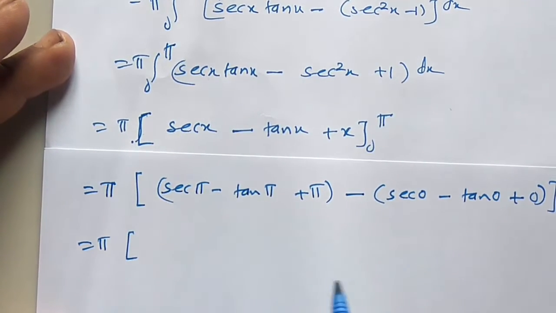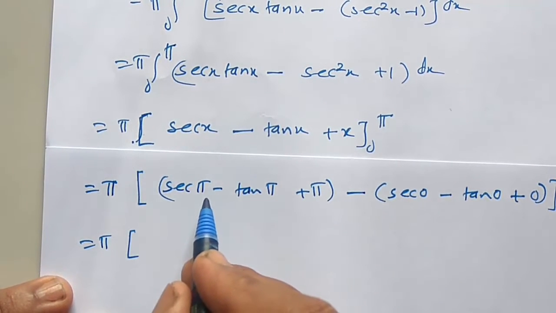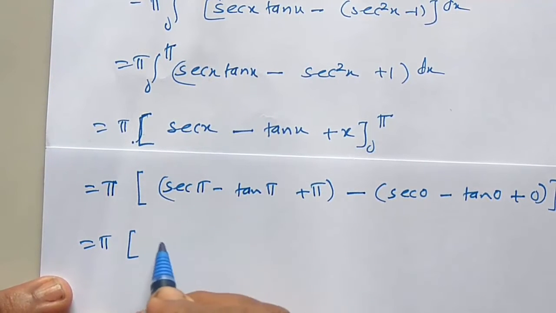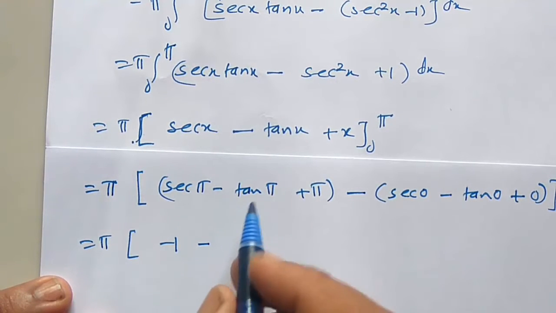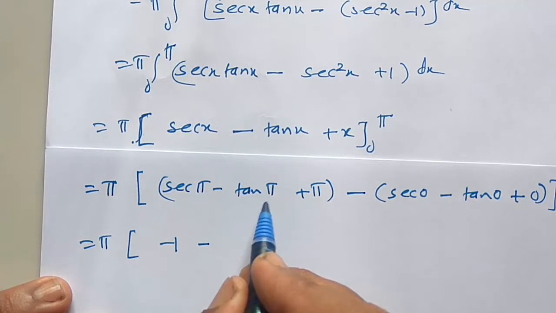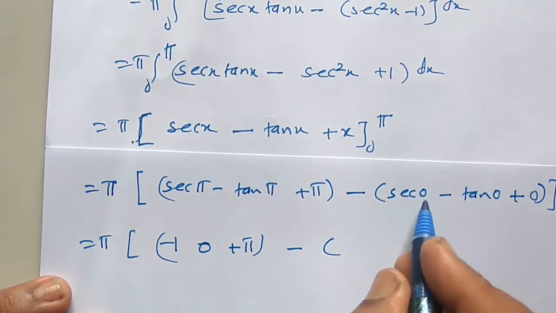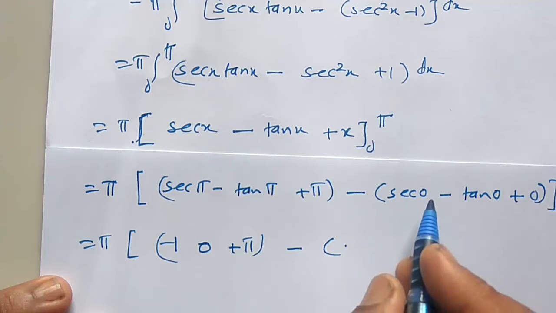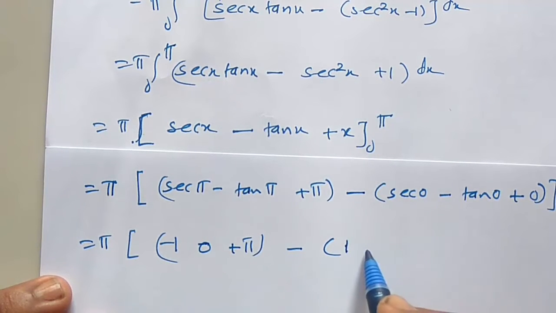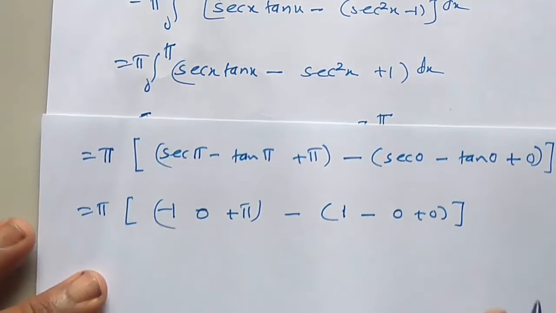Pi times sec of pi is minus 1, so it is minus 1. Tan pi is also 0, plus pi, minus sec of 0, which is 1, tan of 0 is 0, plus 0, bracket complete.